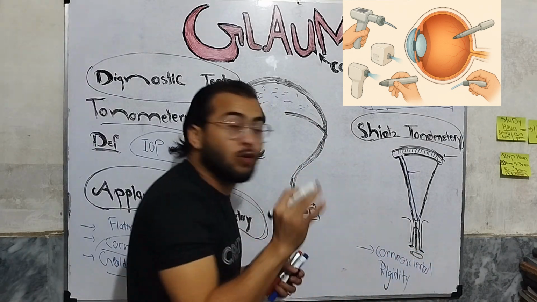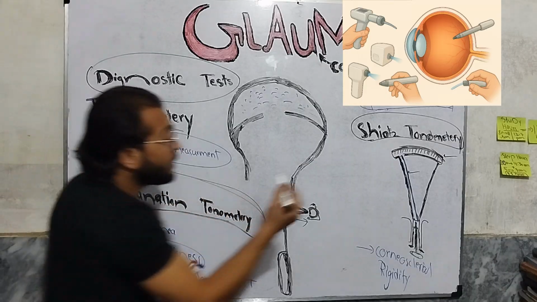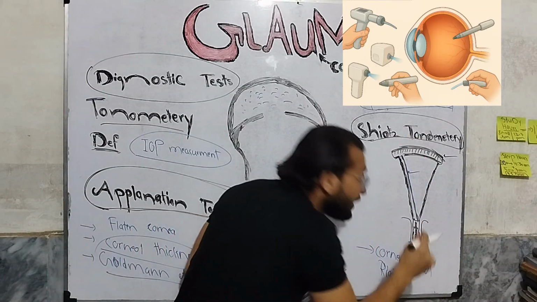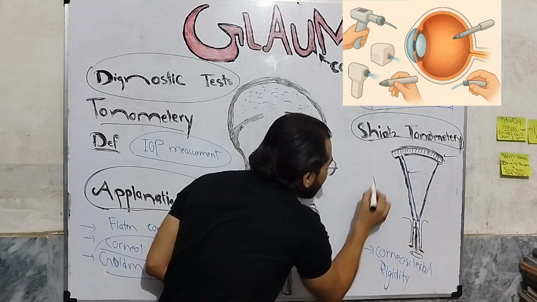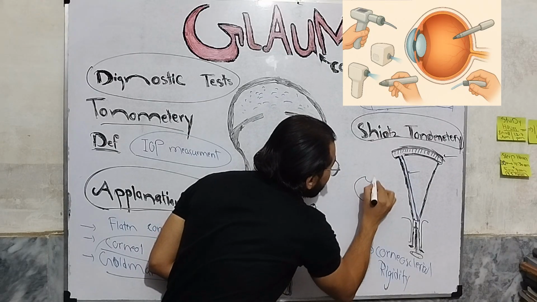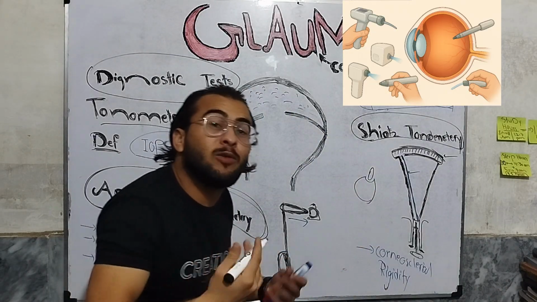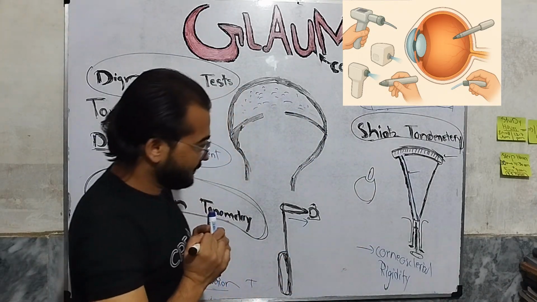So unlike applanation tonometry, Schiotz tonometry causes indentation of the cornea and will give us the estimated pressure.